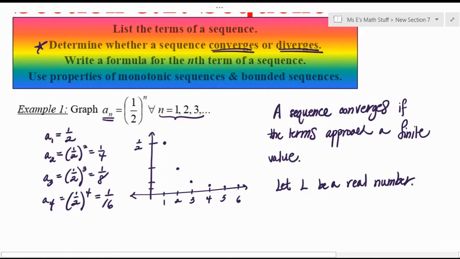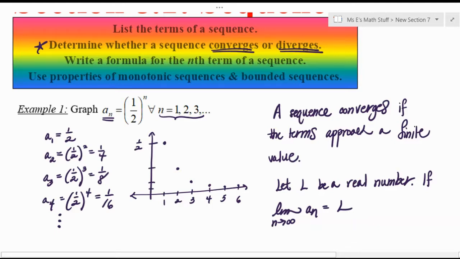We would say if the limit as n approaches infinity of a sub n equals L. Okay, so like here, if we were to keep going on this list, what would you say the value of the terms is approaching? I'd hope you'd see it's approaching 0.